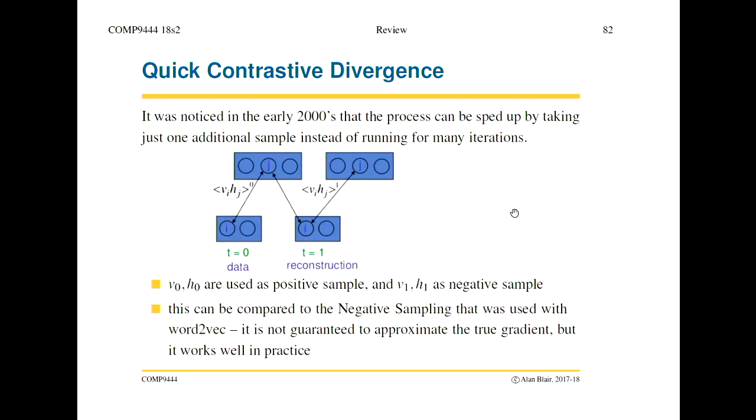Now we can step back and see a bit better these connections between different parts of the course. This is a little bit like, if you remember, hierarchical softmax compared to negative sampling. The negative sampling didn't have a formal mathematical reasoning behind it, but gave reasonable results.